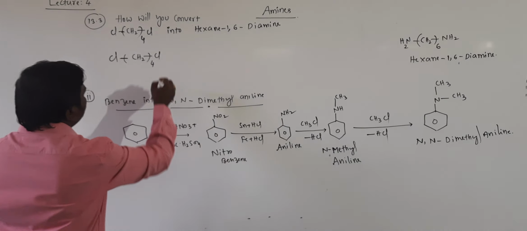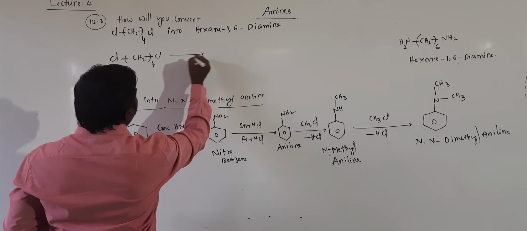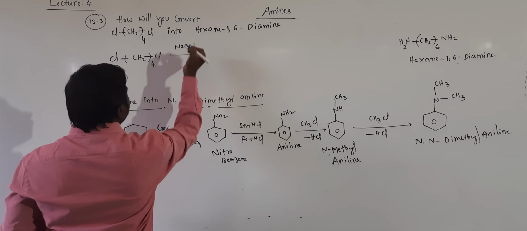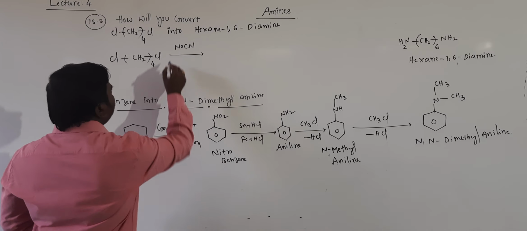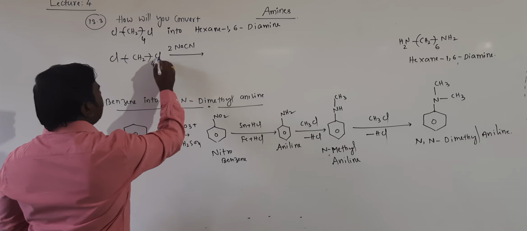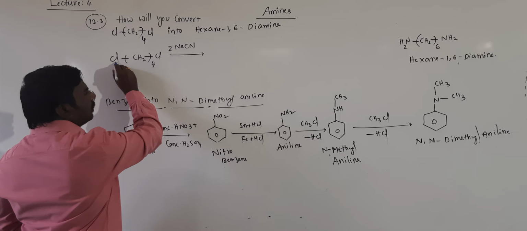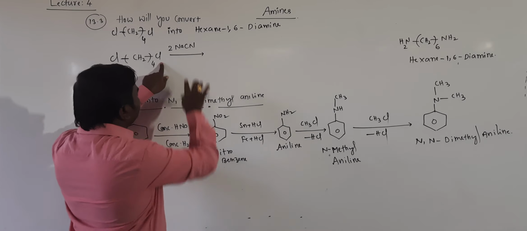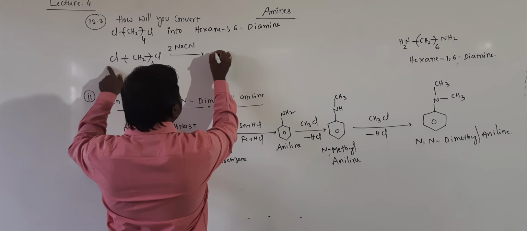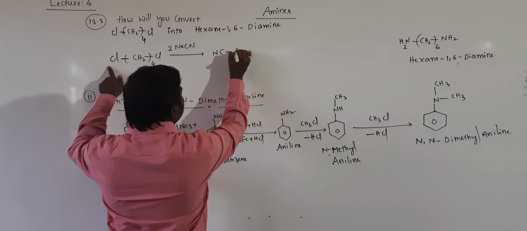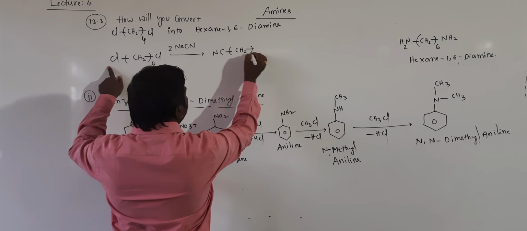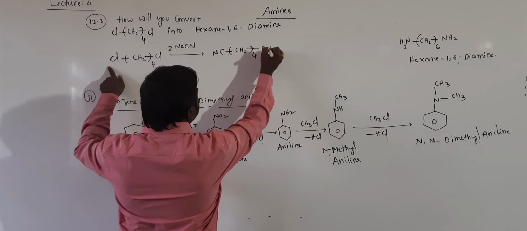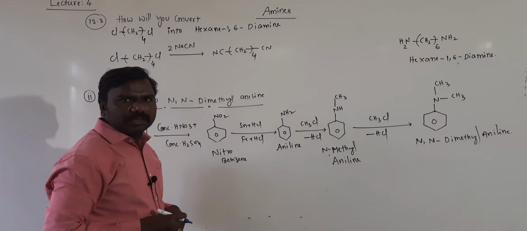Now we need 6 carbons, that's why I am treating with NaCN. If I treat with 2 moles of NaCN, Cl is replaced by CN, Cl is replaced by CN, giving CN CH2 4 times CN, right students?